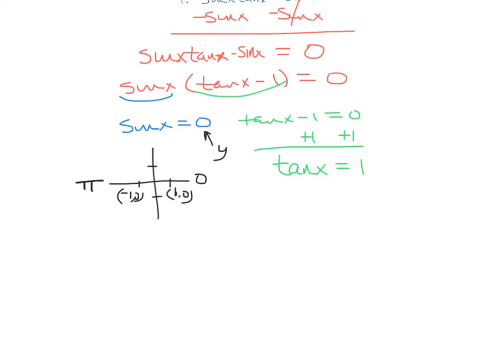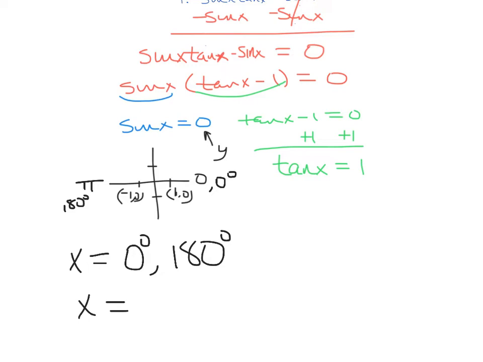If it were in degrees, remember this is also 0 degrees and 180 degrees. So for the sine part of the problem, it's going to be x equals 0 degrees or 180 degrees, or 0 radians or pi radians.